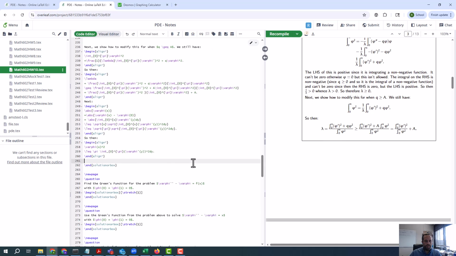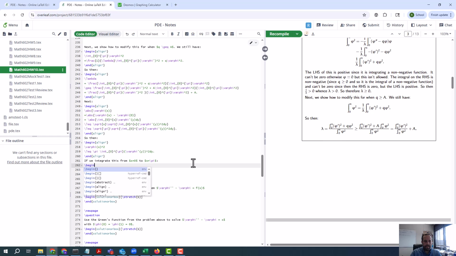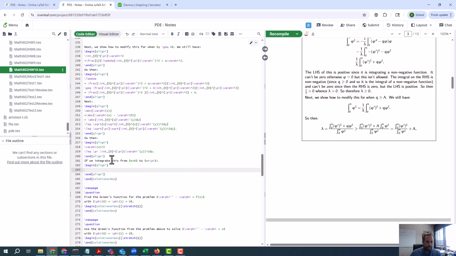Okay, so if we integrate this from x equals 0 to x equals pi, we get the following, the integral from 0 to pi.